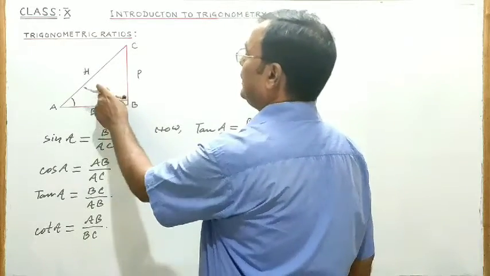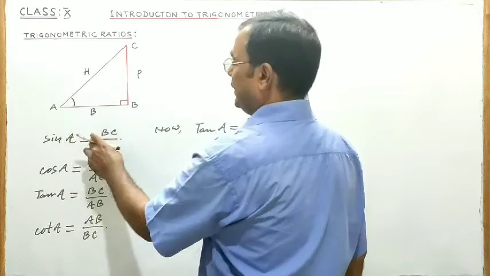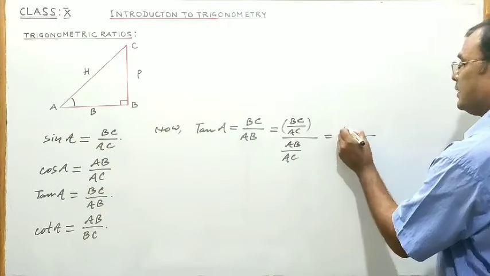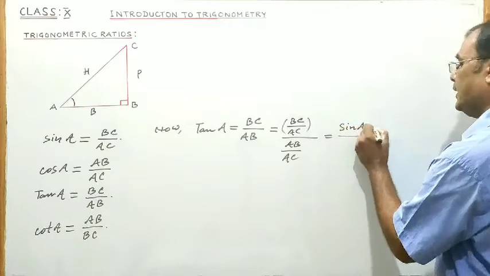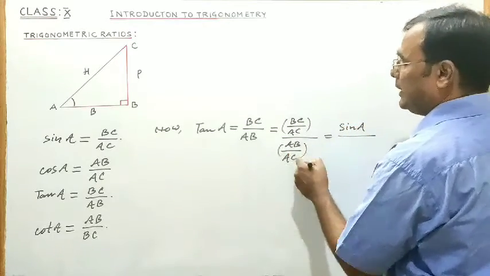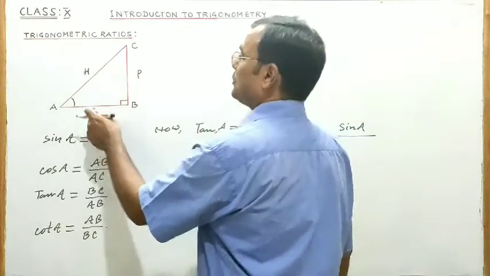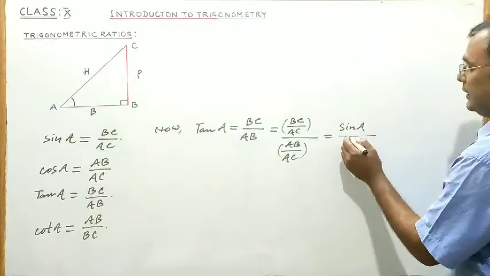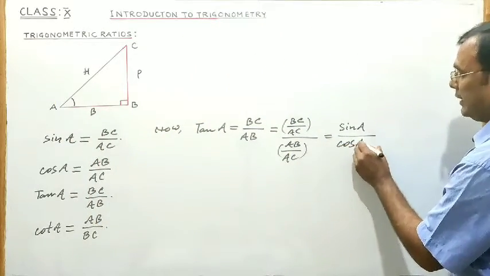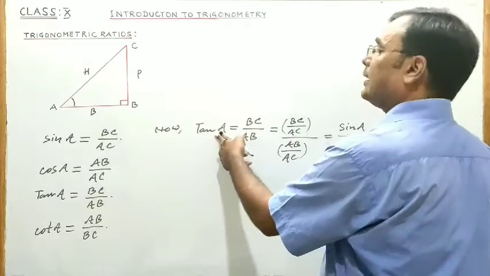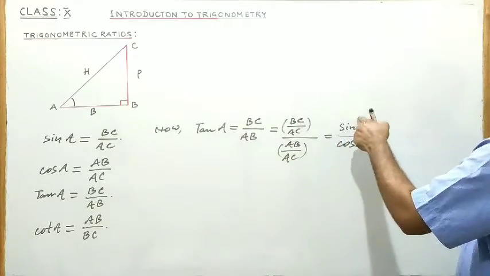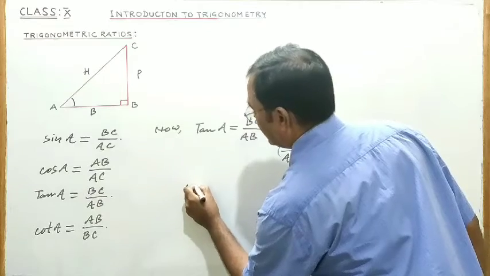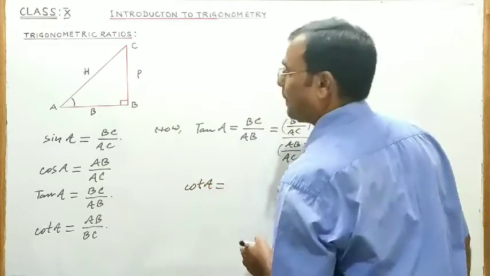BC by AC in this triangle for acute angle A is sin A, and AB by AC is cosine of angle A. That means tan A can be written equal to sin A by cos A.